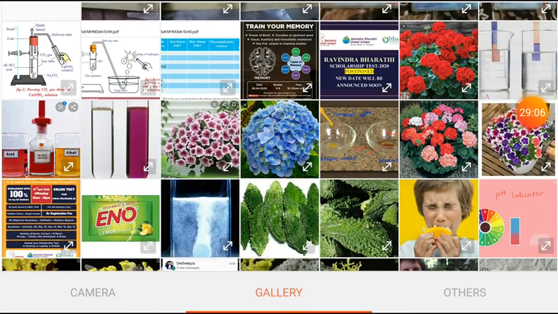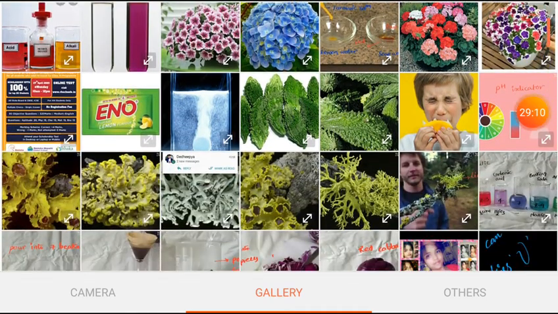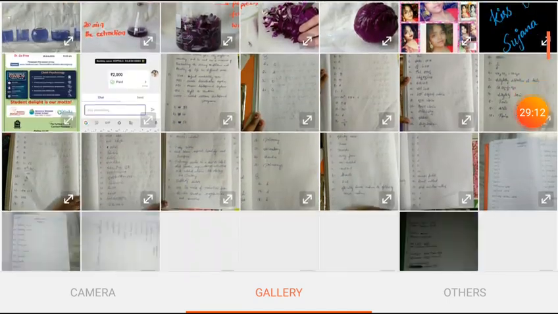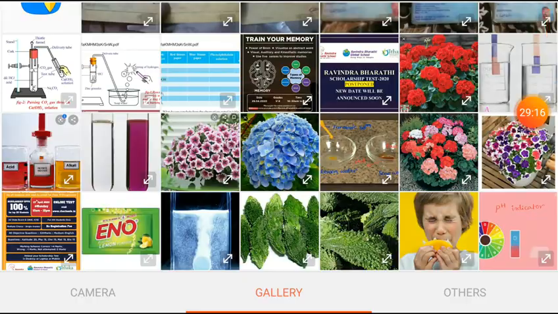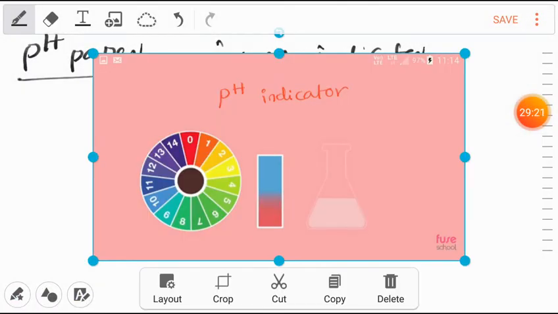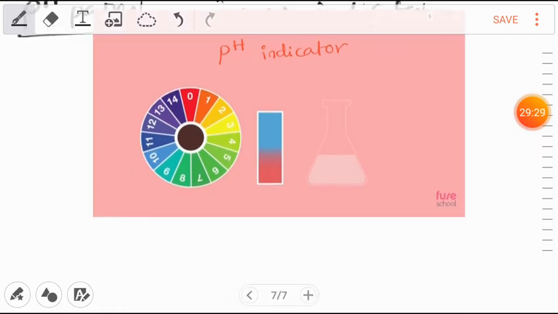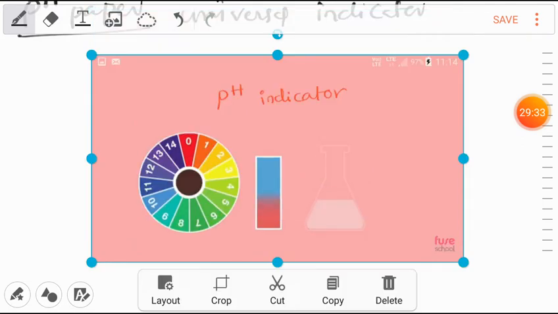I will show you the image of pH paper. See, this is the pH indicator. At different pH values, it will give different colors. So did you understand this? Different colors it gives. This is pH paper.